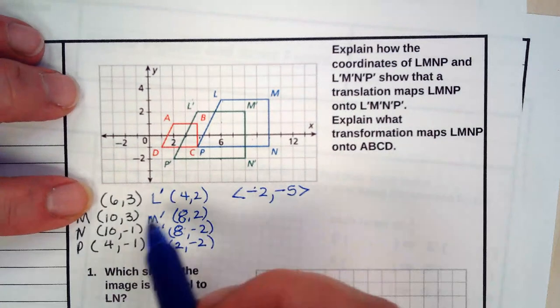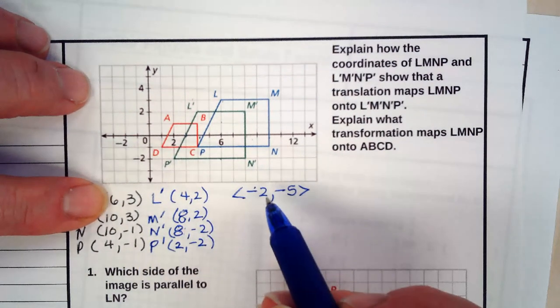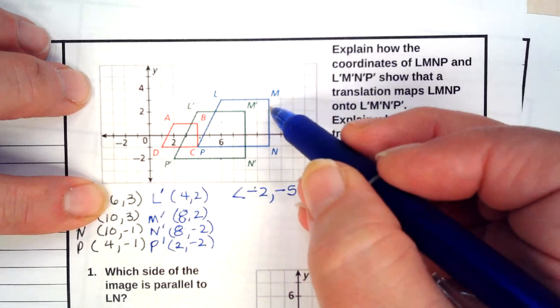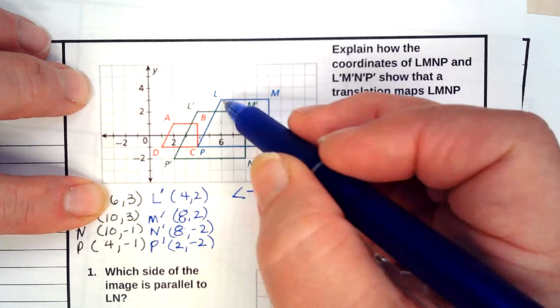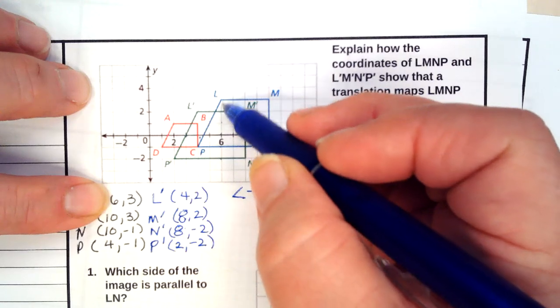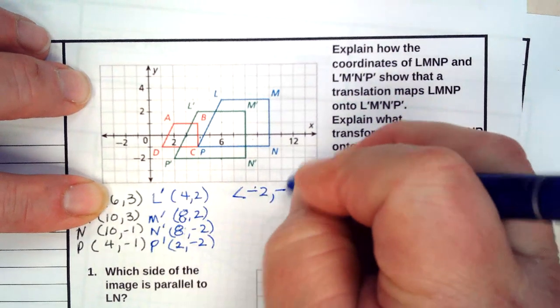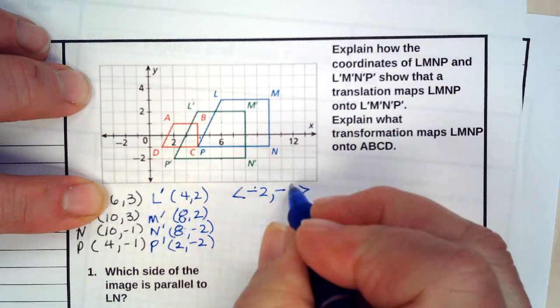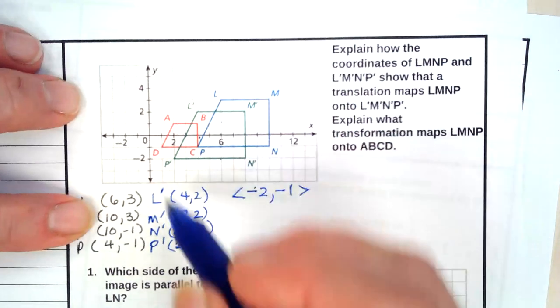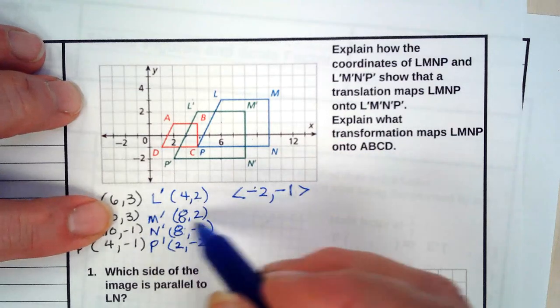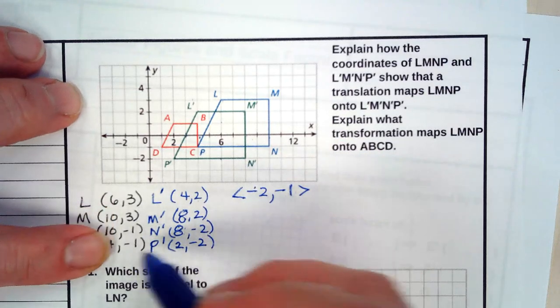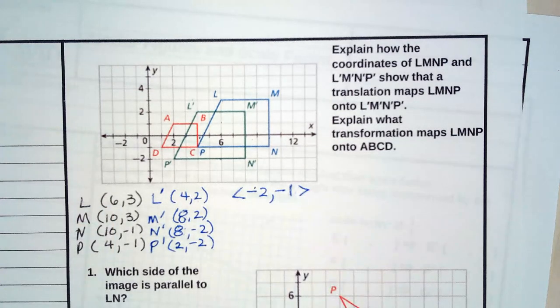Here I subtract 5. I should be subtracting how much? How many am I going down? I'm going down 1. I should subtract 1 and I'll get that new. So 3 minus 1, 3 minus 1, negative 1 minus 1, negative 1 minus 1. So my vector is negative 2, negative 1.